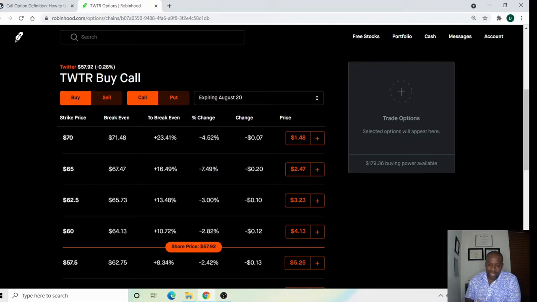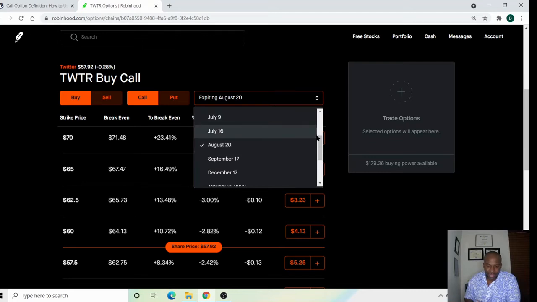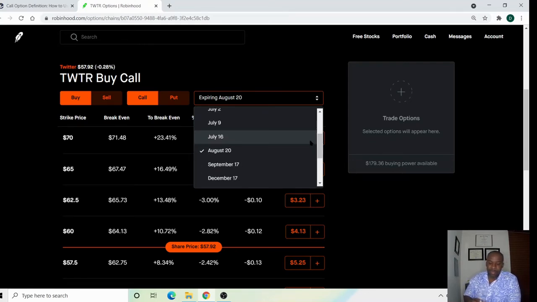Now, as the example showed, there are numerous dates. Look at all of these different dates that you can set for the expiration of the Twitter option. I don't like to buy short-dated call options because in that short period of time, we don't have a crystal ball.